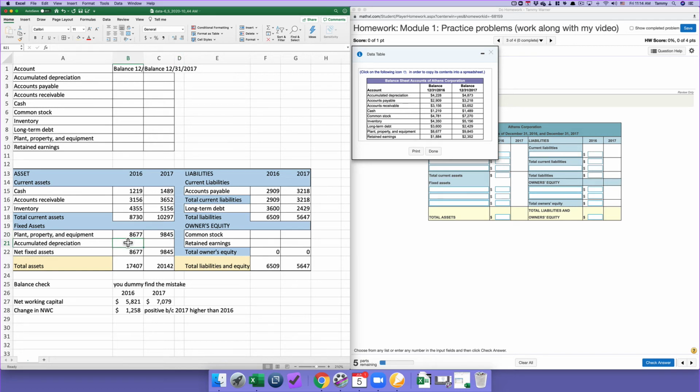Accumulated depreciation. Gosh, I'm making mistakes left and right. Common stock. Retained earnings.